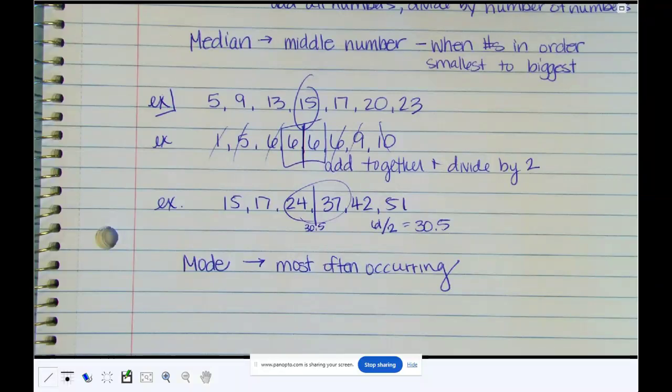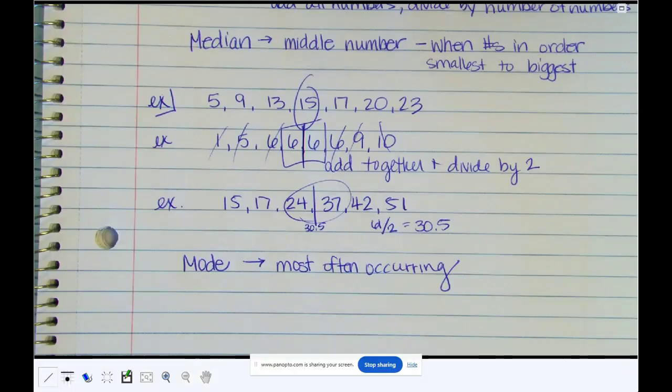I know Miss Barnhart told me last year, and this is the best thing I think I've ever heard, that mean people are average. It's what I was taught as a kid. Mean people are average. They're not cool. Okay? So mean is average. Median reminds me of the word medium, which I feel is like middle.